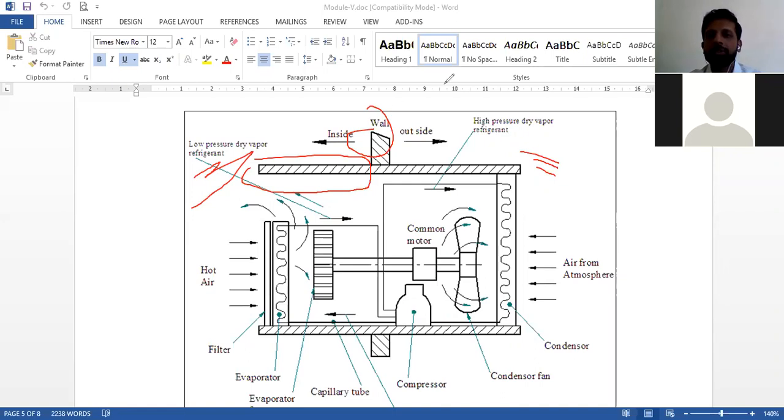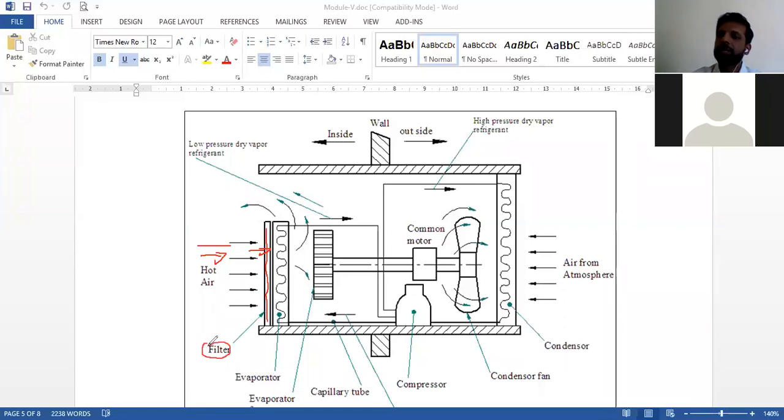What happens in this air conditioning system is that the hot air present inside the room is drawn into the system. First, it passes through a filter.